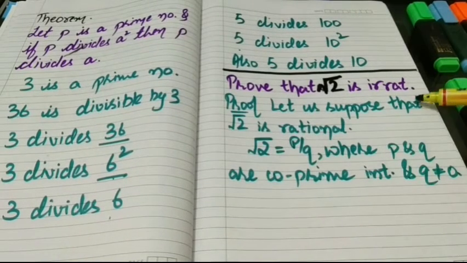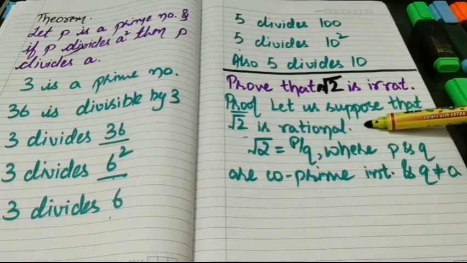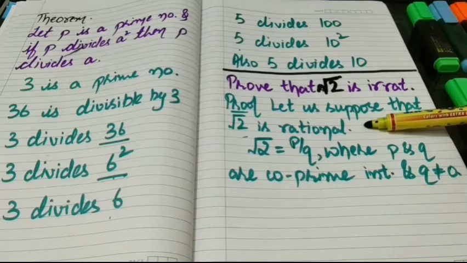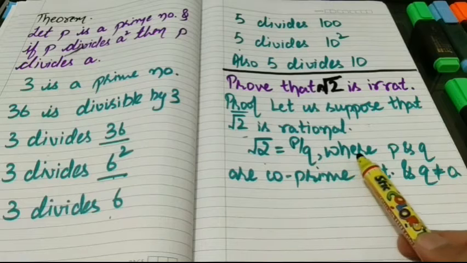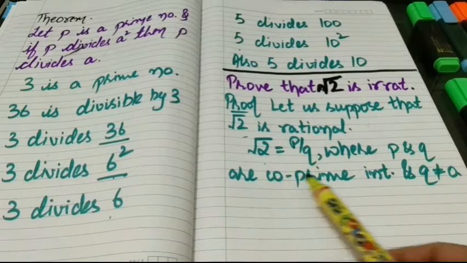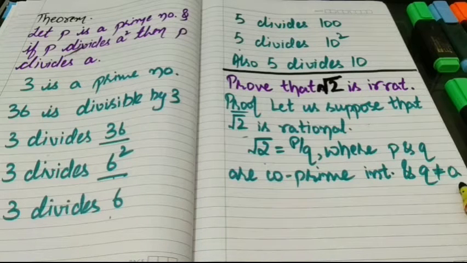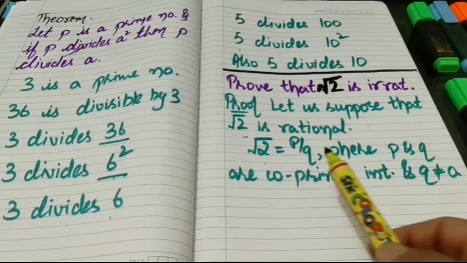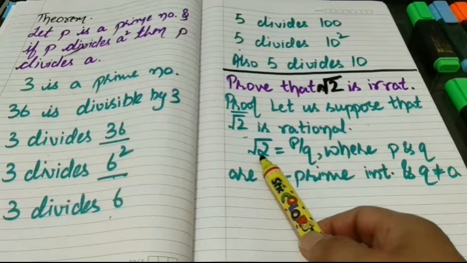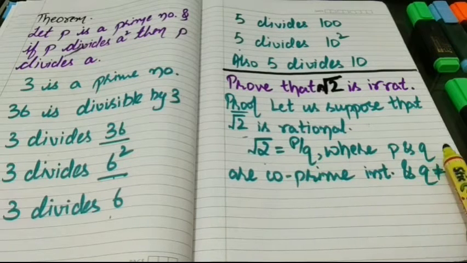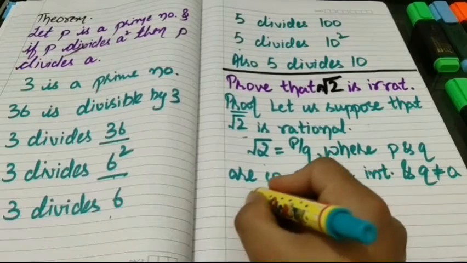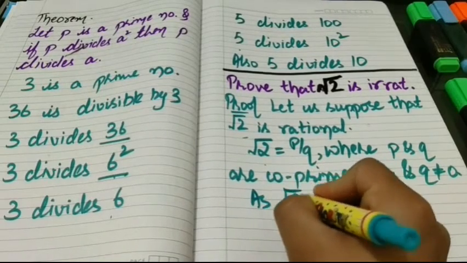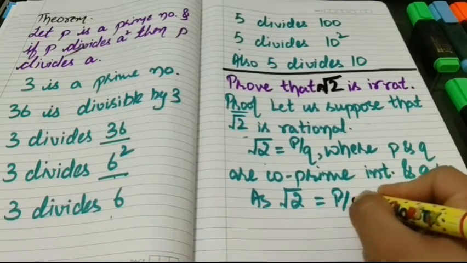Let us suppose that square root of 2 is rational. If it is rational, then we can write square root of 2 as p upon q, where p and q are co-prime integers and q is not equal to 0. If square root of 2 is rational, then it will satisfy all the conditions of a rational number. So square root of 2 equals p upon q.